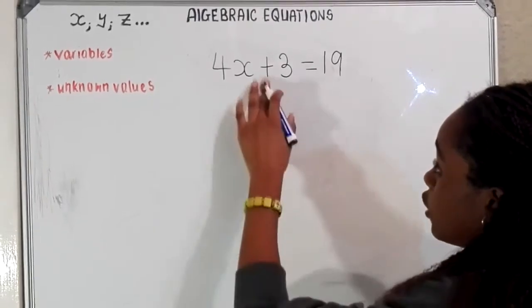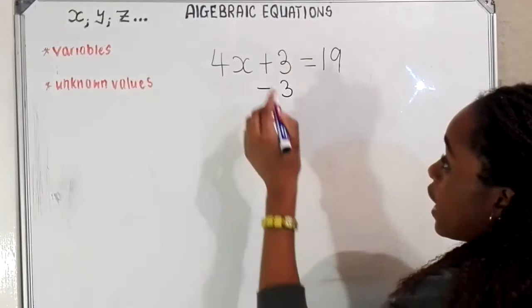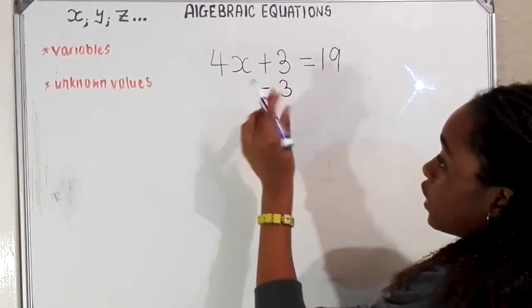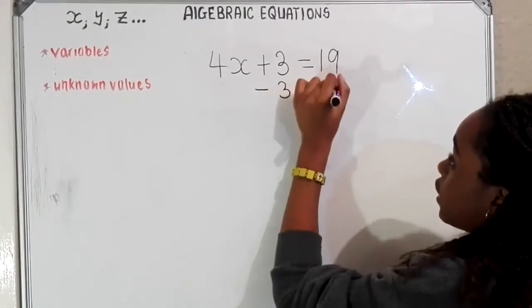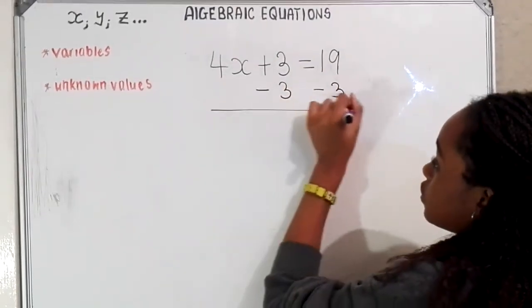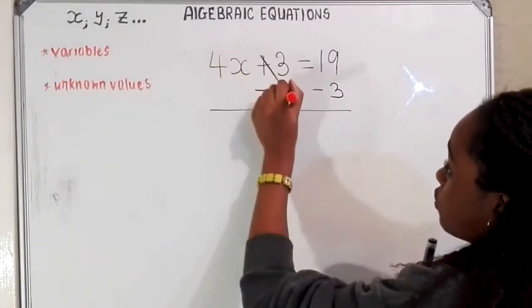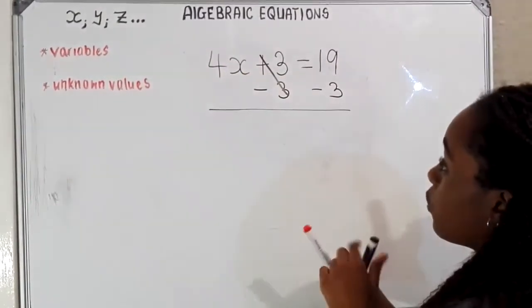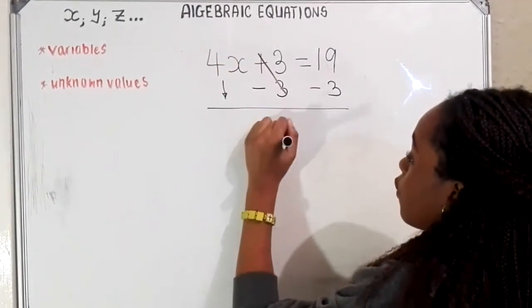So the opposite of plus is minus, okay? So we're going to minus 3. Whatever you do on this side, you must do on this side as well. So we're going to minus 3 over here as well, okay? 3 minus 3 cancels, it's just equal to 0, all right? We can bring the 4x down. We'll have 4x on its own.